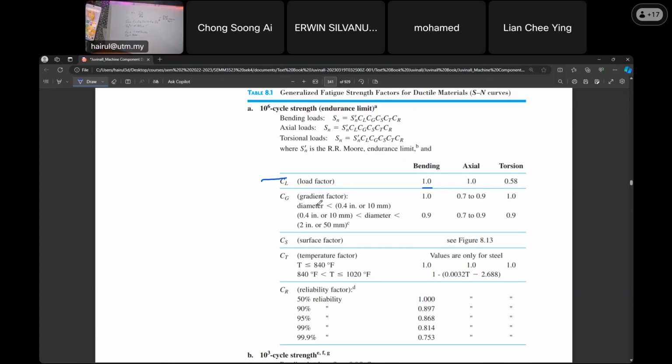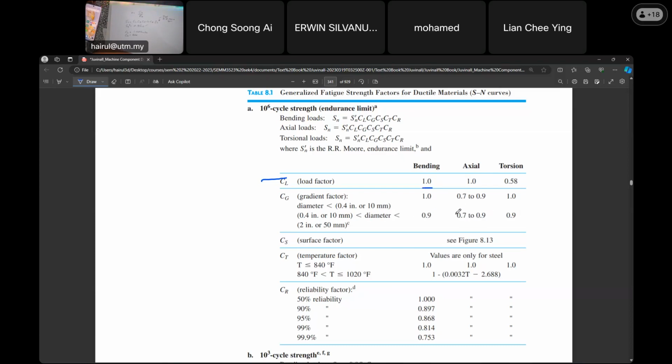Okay, from this range, between 10 millimeter to 50 millimeter, the gradient is 0.9. Unless the diameter is not given, for bending loading it is 1.0. For axial loading on the shaft, the range is 0.7 to 0.9.